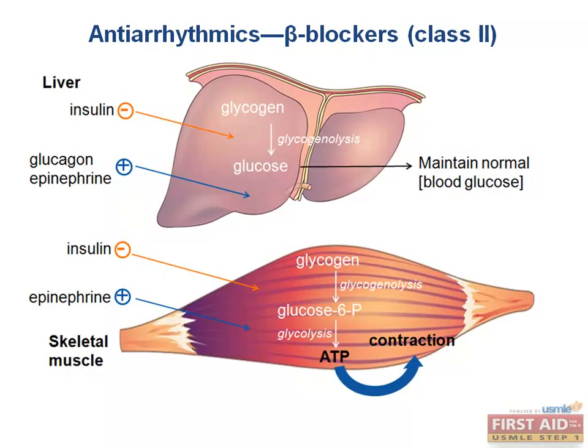Two specific beta blockers that you have to know because they have very unique toxicities are metoprolol and propranolol.